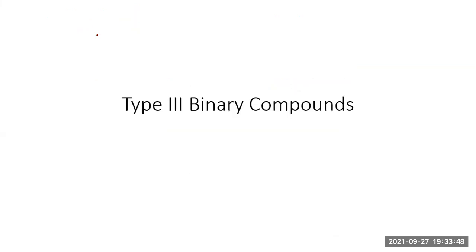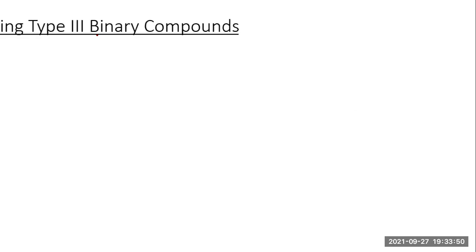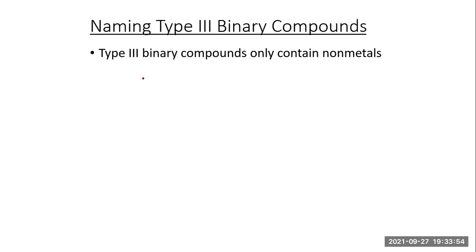Then we're going to talk about another type of naming, which is type 3. And type 3 naming is a little bit different. It actually involves covalent bonding. And covalent bonding, as we've talked about previously as well, is a little bit different than ionic bonding. It is actually between 2 nonmetals.